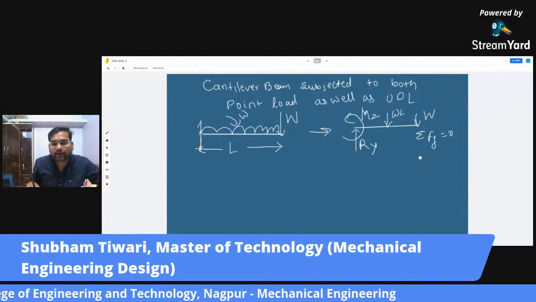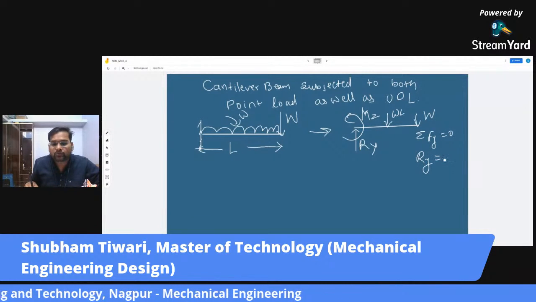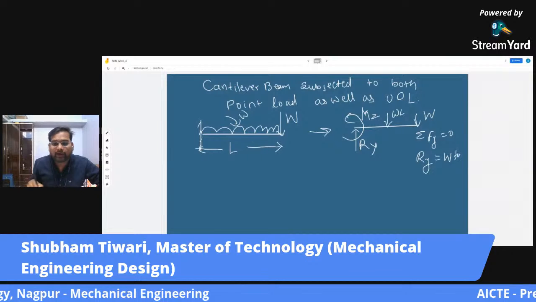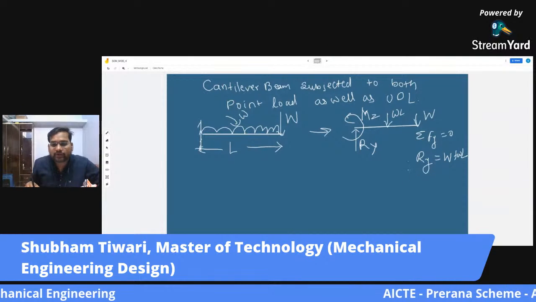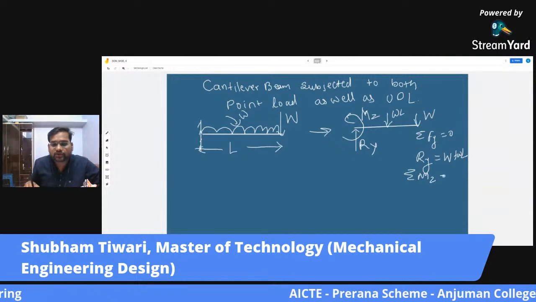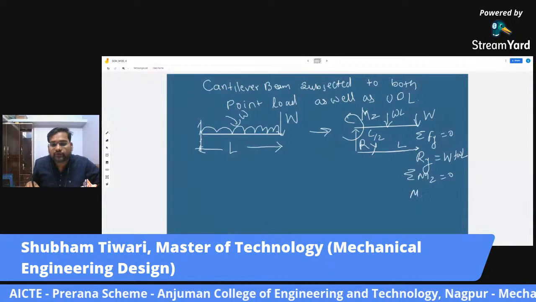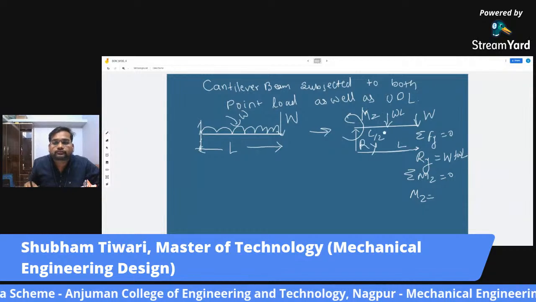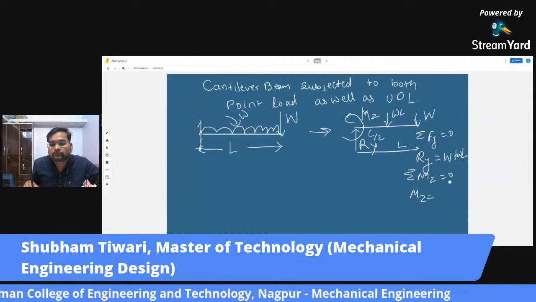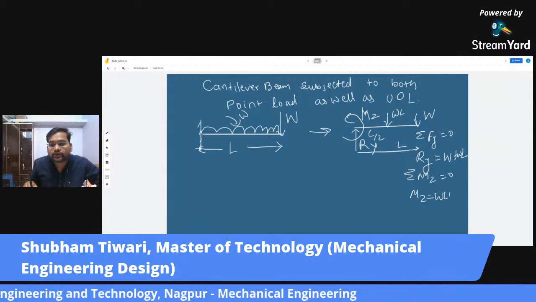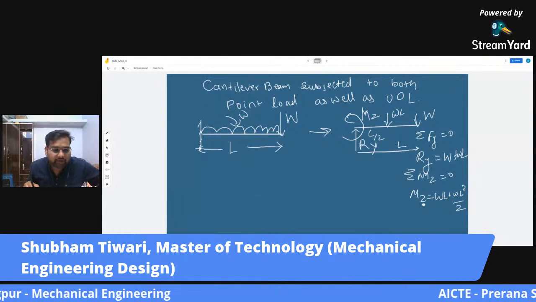If you do this, your reaction in the y direction will come out to be W plus wL. If you do summation of moment about the z axis equals to 0, your moment will come out to be Mz equals to WL plus wL square by 2. So this is your moment.